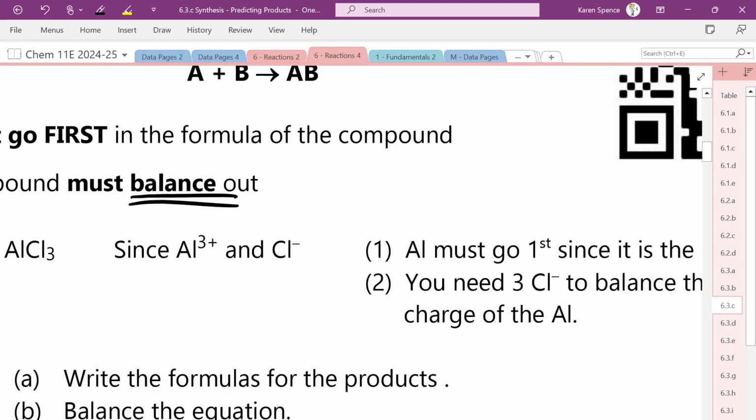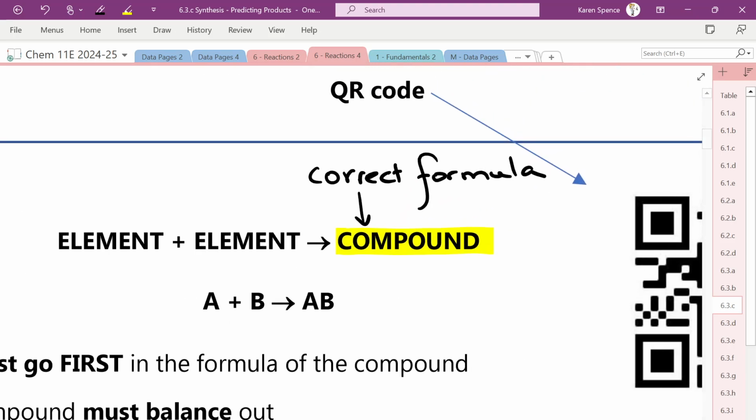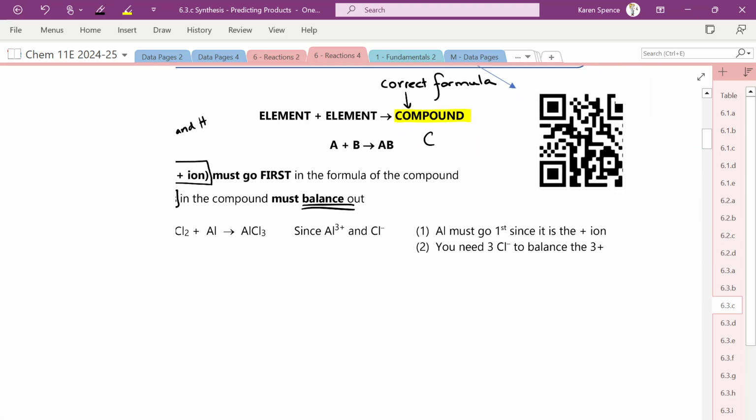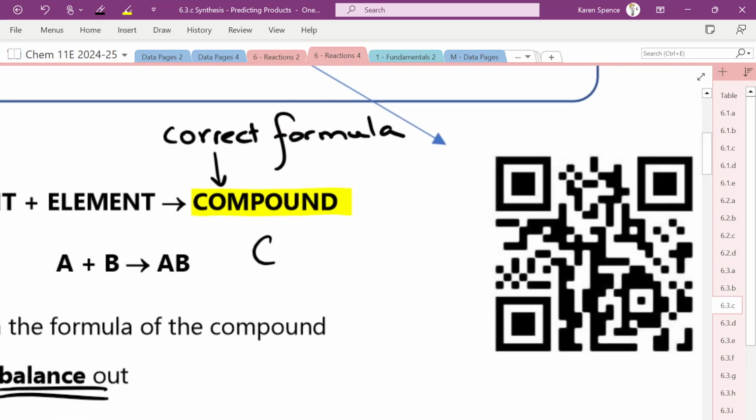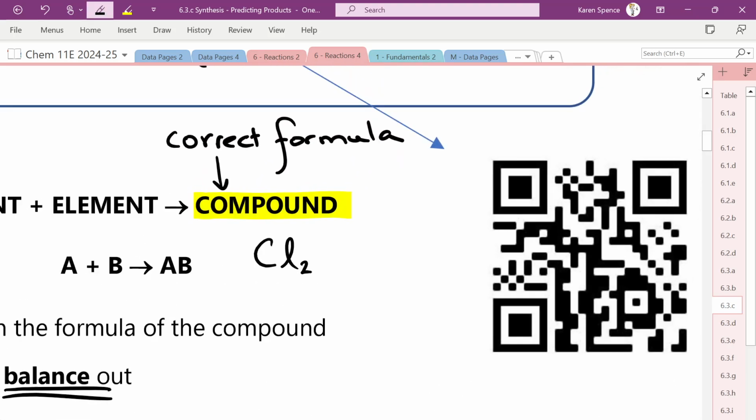You could say, what if I had AlCl3? I'll go up here. Cl2 plus Al. This is what many grade 10s will do when they first see these.